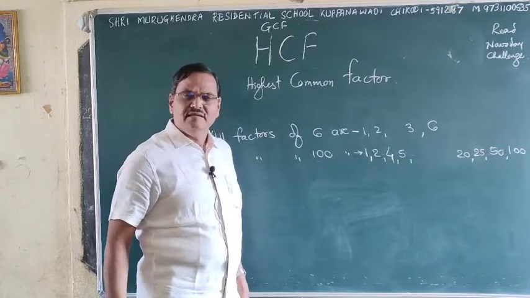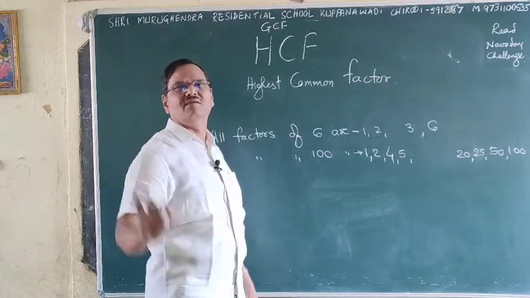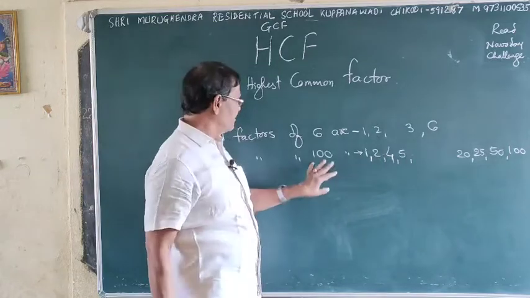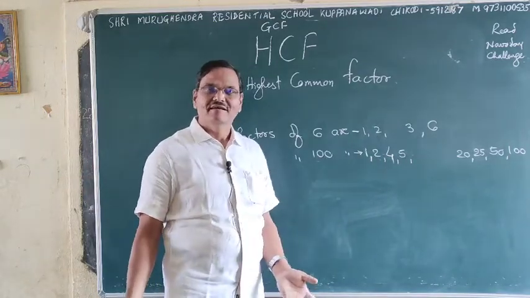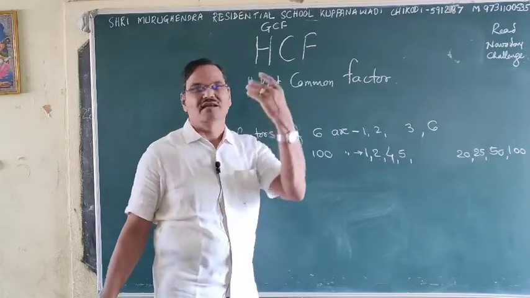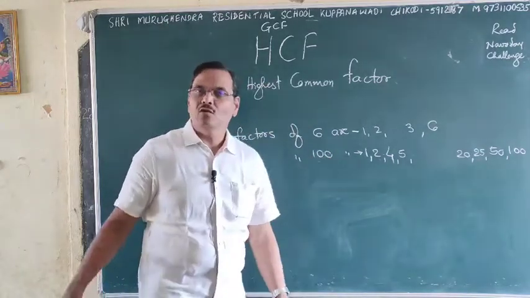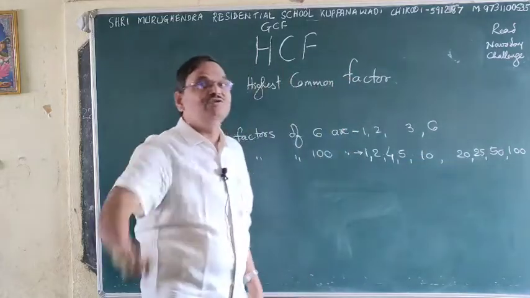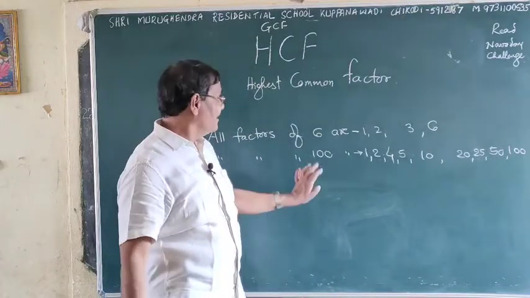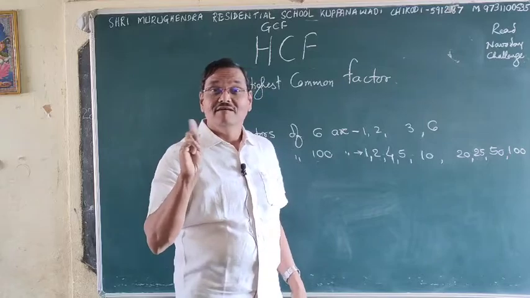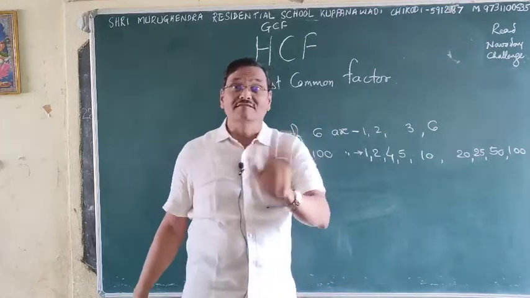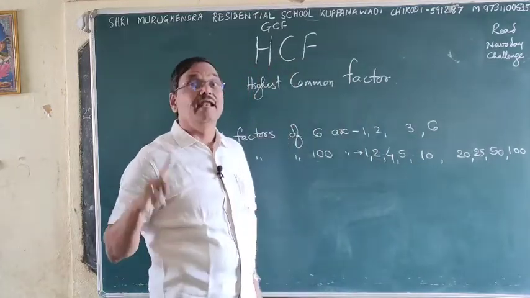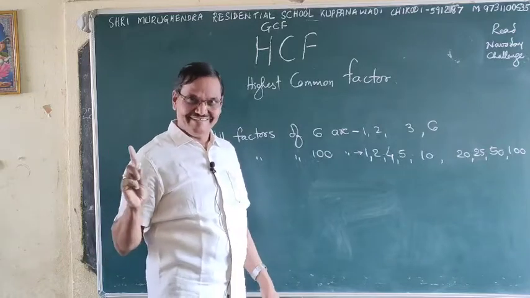Then whether it is divisible by 9? Its digit sum is 1, and 1 is not in the table of 9. Then we go for 10. 10 tens are 100. We are checking its factors, so we should not write the same 10 twice. That's all.